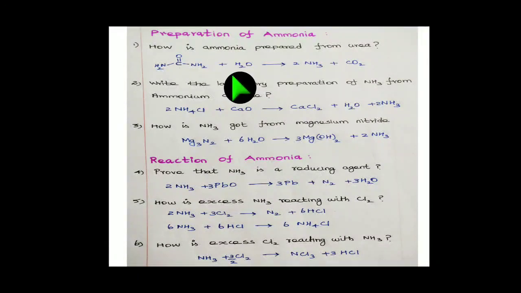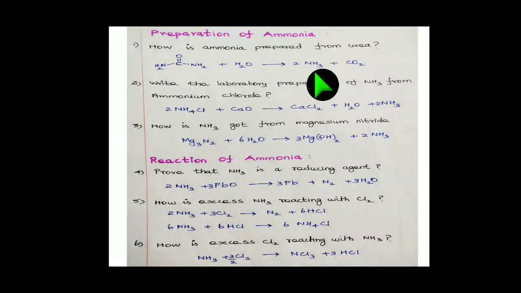When urea reacts with water, it gives ammonia and carbon dioxide. For balancing this equation, make nitrogen 2, because the left side has 2 nitrogens, NH2 and NH2, that's why I put 2.